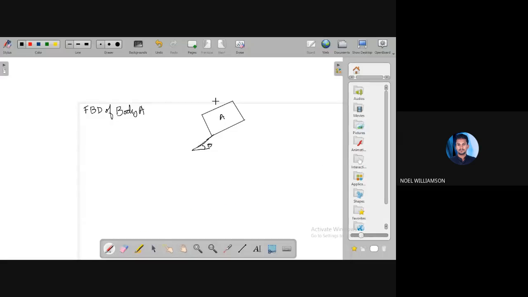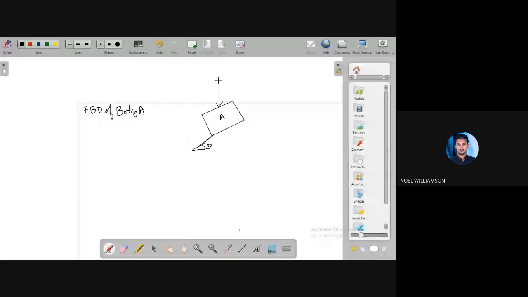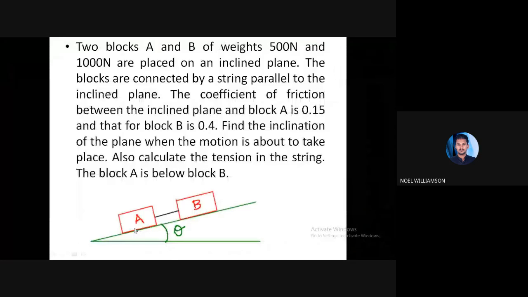That is, first of all, weight. Weight is acting vertically downwards. So weight for A is 500 Newton. Then here there is a contact surface, so we know there is a normal reaction.